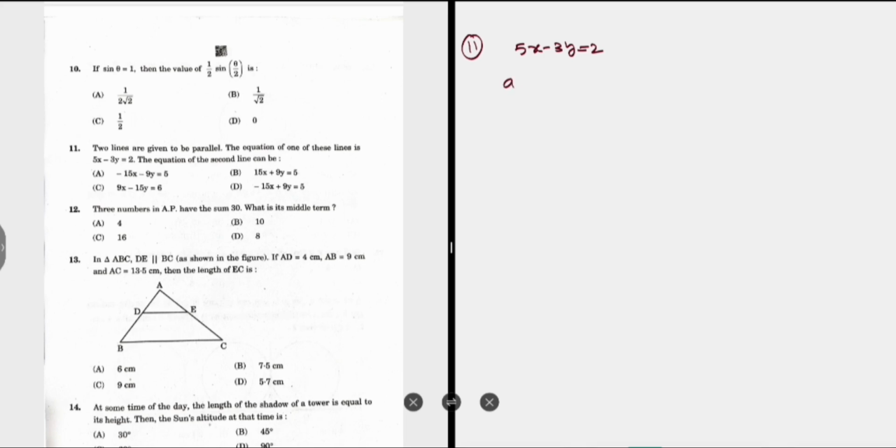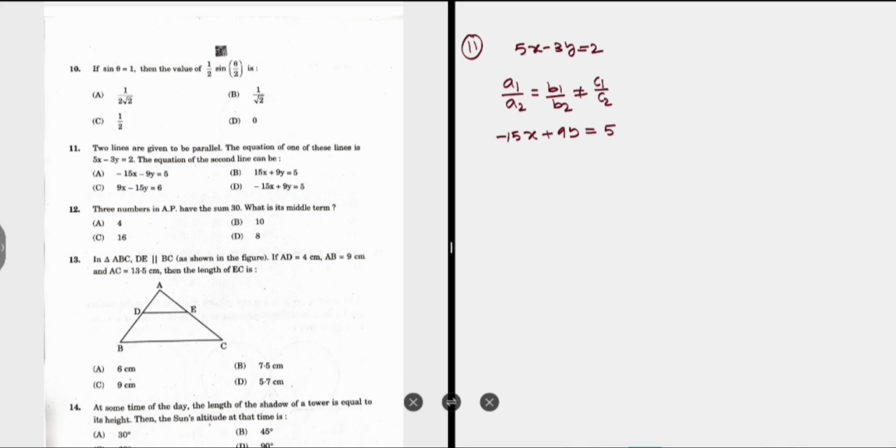When two lines are parallel, we know a1 by a2 is equal to b1 by b2 is not equal to c1 by c2. So you have to select an equation such that it satisfies the condition. Here that condition will be satisfied by the equation minus 15x plus 9y is equal to 5. You have to go through the options and then select the correct option.